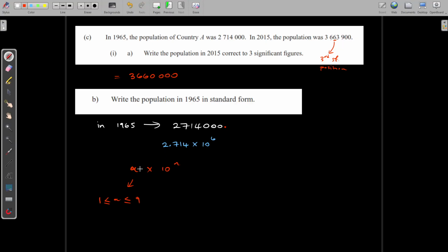So the number that goes in front of the decimal point when you're writing your answer must be between 1 and 9.